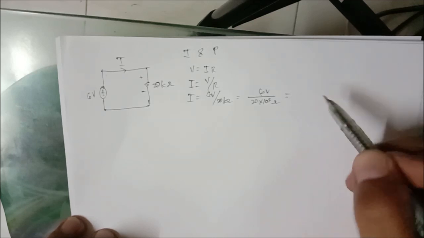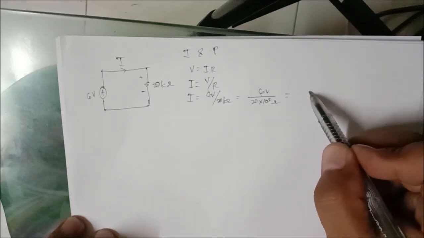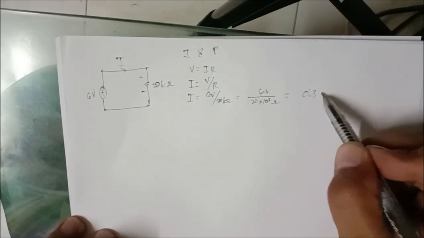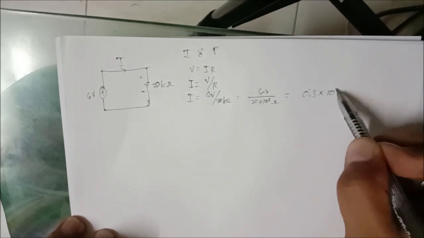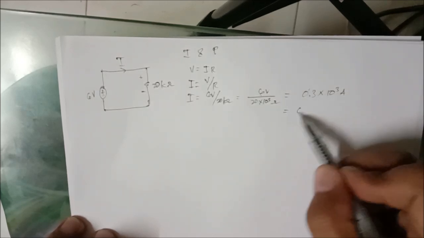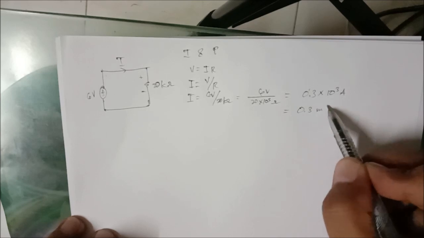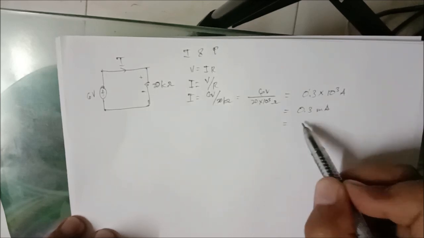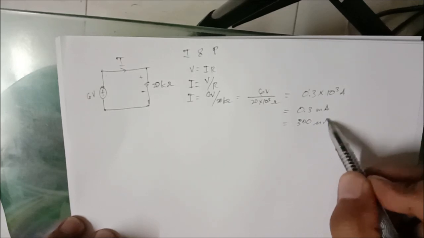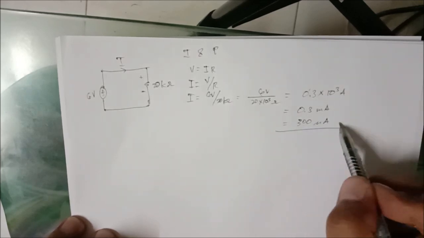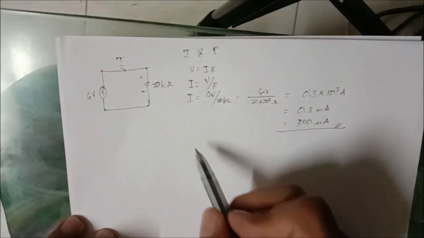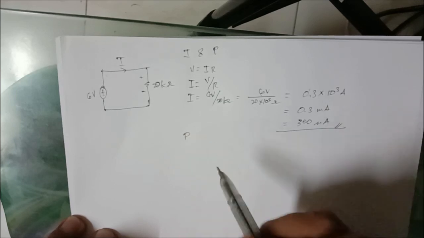So this is equivalent to 6 over 20 is 0.3 times 10 raised to 3 amperes. So pwede natin siyang sabihin na 0.3 milliamperes or 300 microampere. Okay? Pwedeng yan ang ating sagot. Parehas yan. Tama.